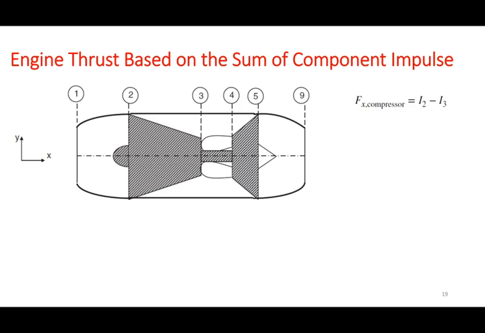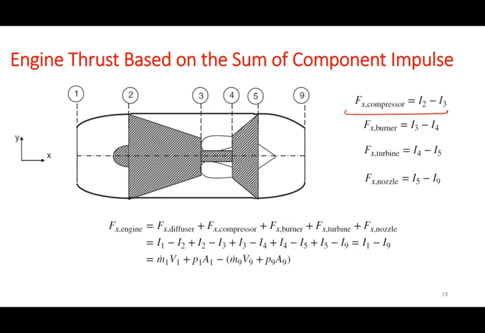So for example, if you're looking at the compressor section, your F of compressor can be calculated by I2 minus I3, which is the inlet impulse minus the outlet impulse. We can do the same thing for the burner stage, which is I3 minus I4. Same thing for the turbine stage, I4 minus I5. And the same thing for the nozzle exchange, which is I5 minus I1.